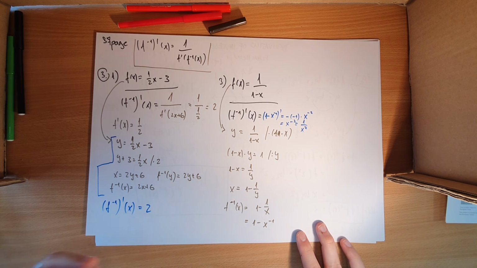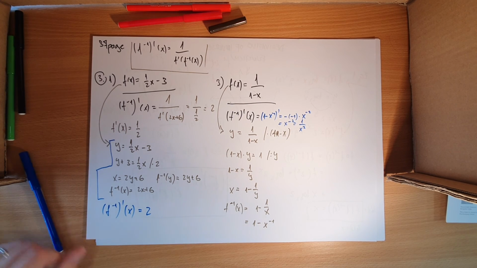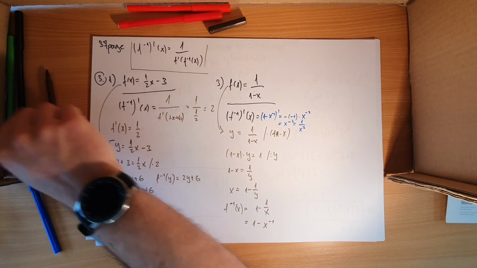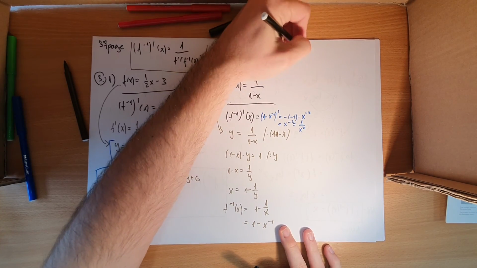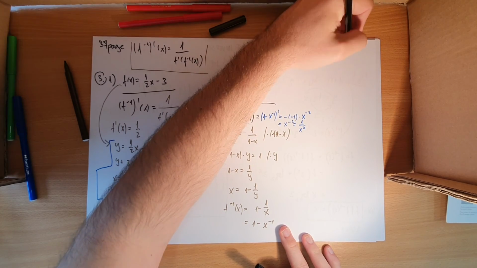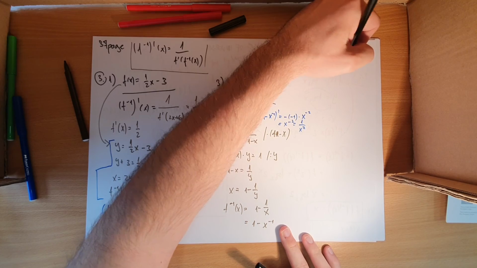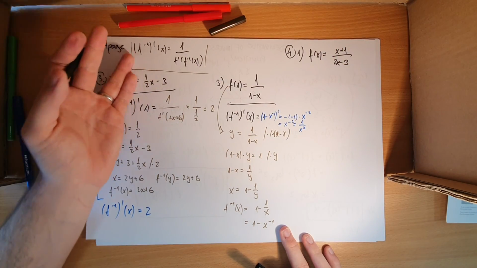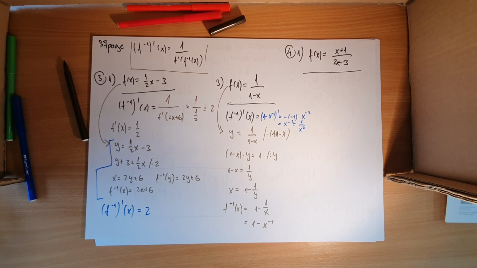So one last task that I would want to show you to complete the talk about the inverse function is task 4.1, where f of x is x plus 1 over 2x minus 3. Now, instead of going through the formula and using the formula itself, let's find the inverse function.